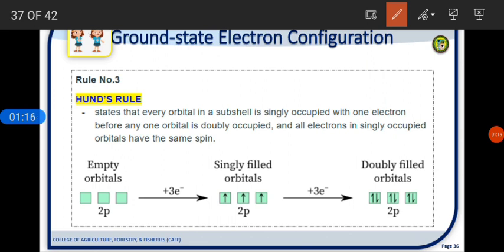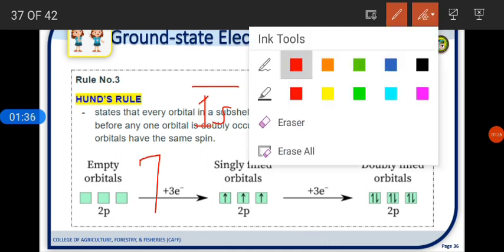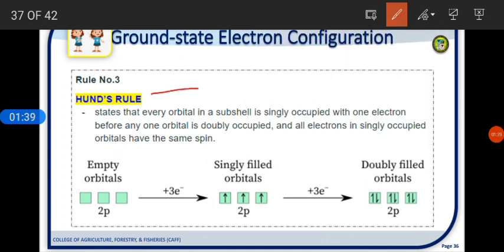For example, we have an atomic number of 7. Okay, 7. So we have here the 1s orbital, 2s, and then 2p.